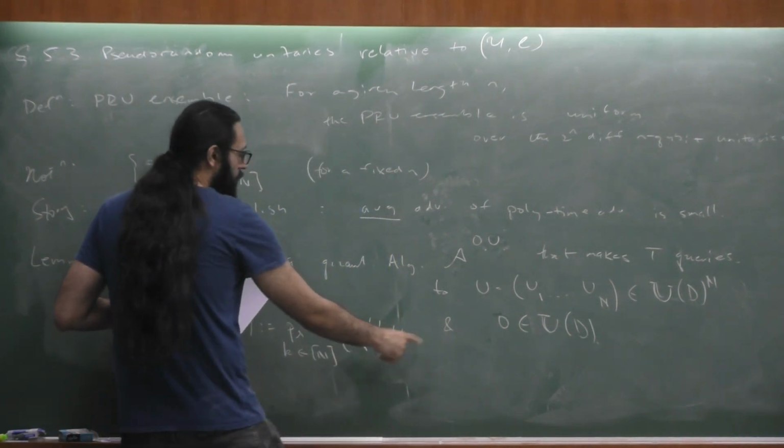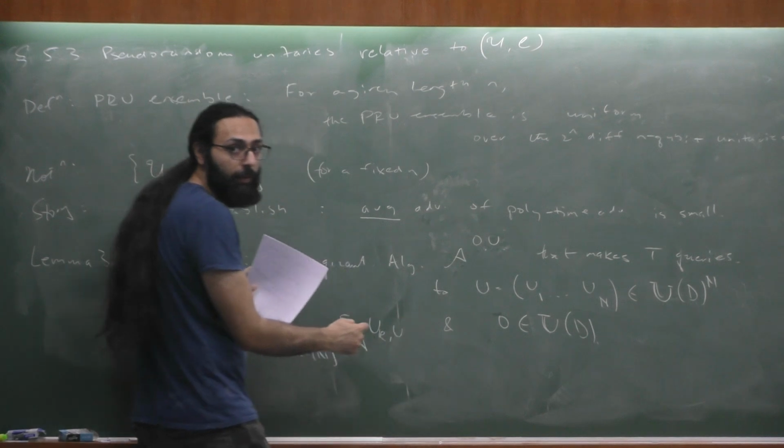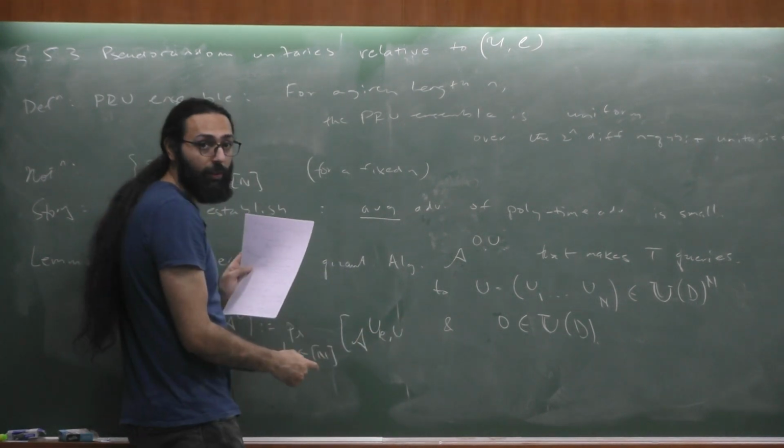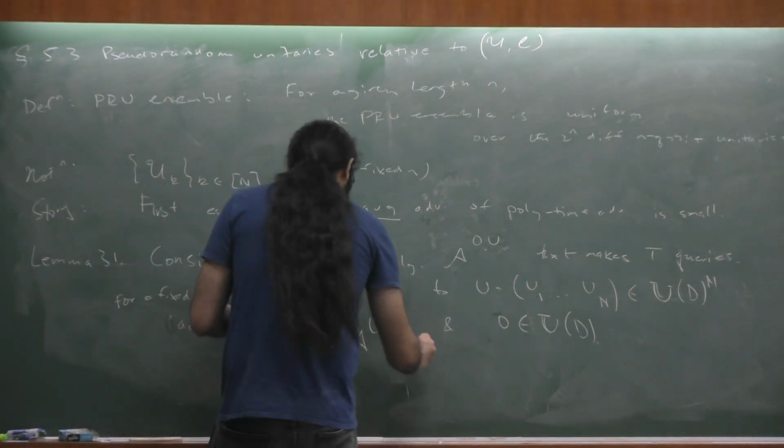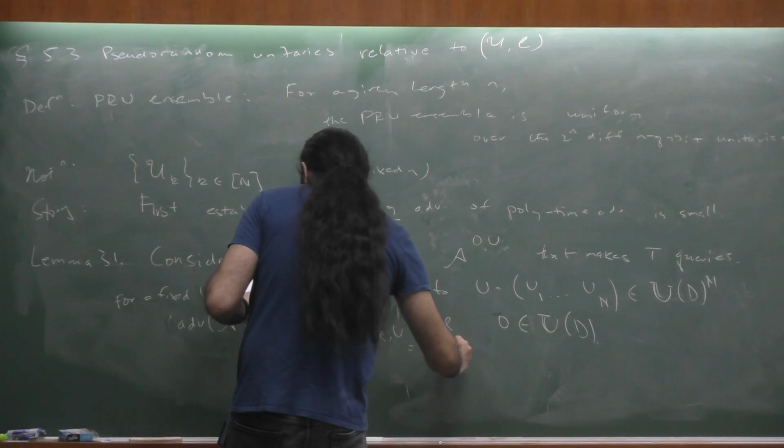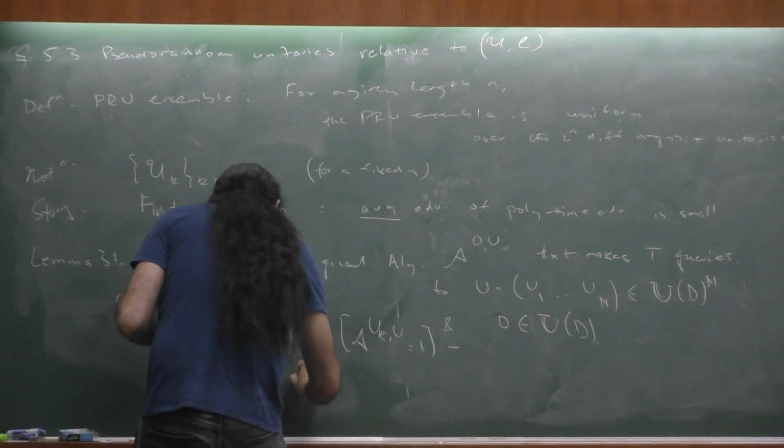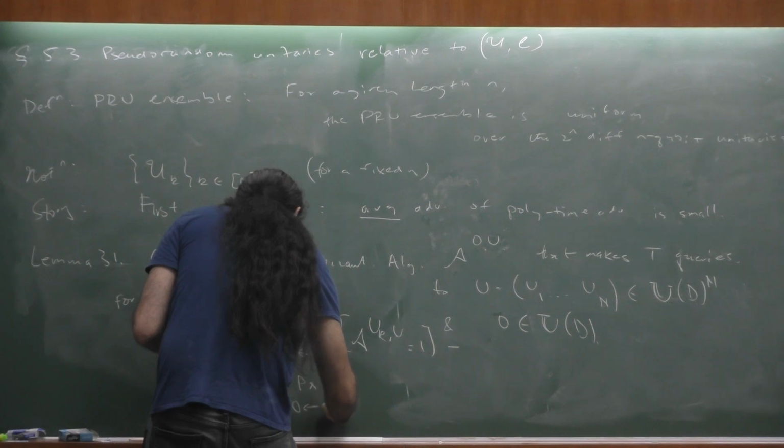So you basically pick one of these unitaries at random and give that as the first oracle, and then you give access to the second, and you call this 1, and from this you subtract the probability that O is sampled uniformly at random.